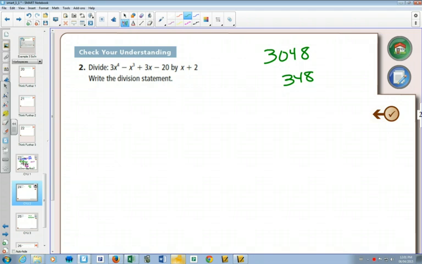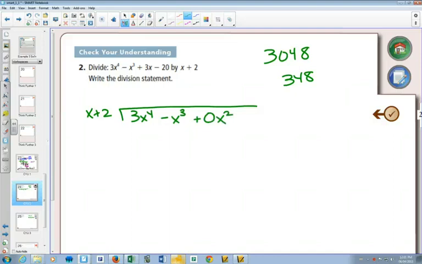Because zeros are important, for this one we're going to start off the same. You notice that it is in the right order, so that's the first thing you're going to check. Are my things in the right order? The biggest one is 3x to the 4, then I have a minus x cubed, but there is no x squared, so I put a 0x squared in there just as a placeholder. That's the only thing different with this question.